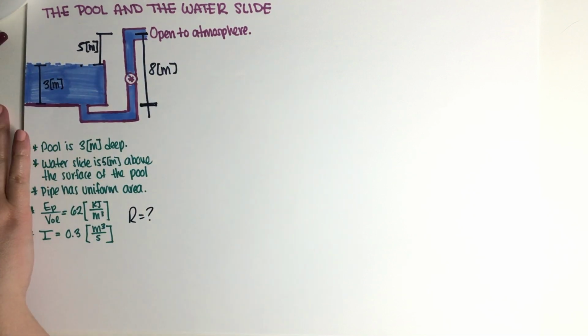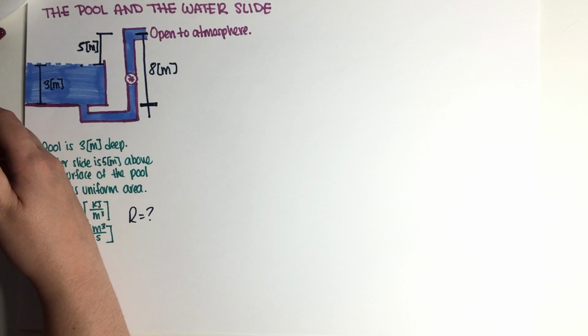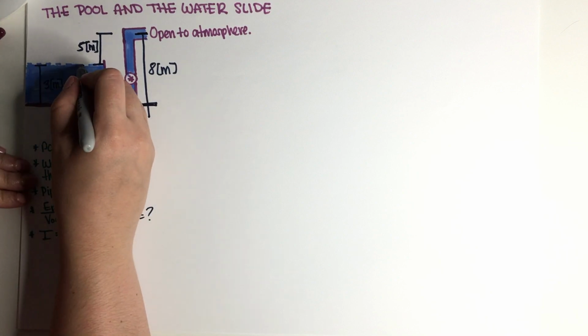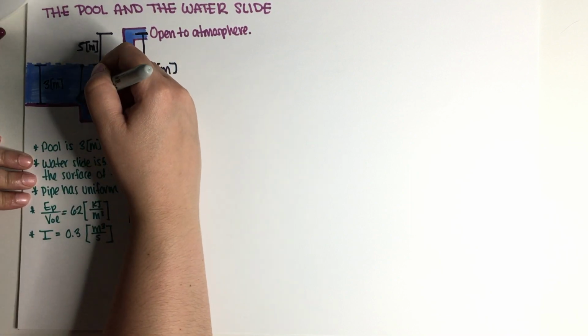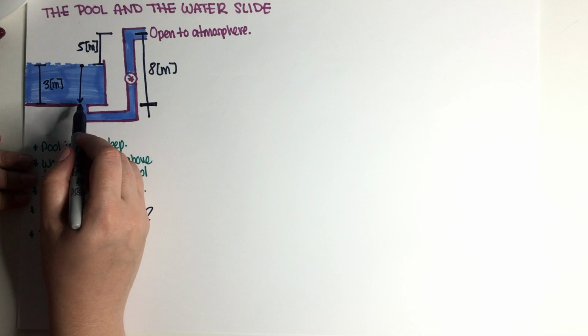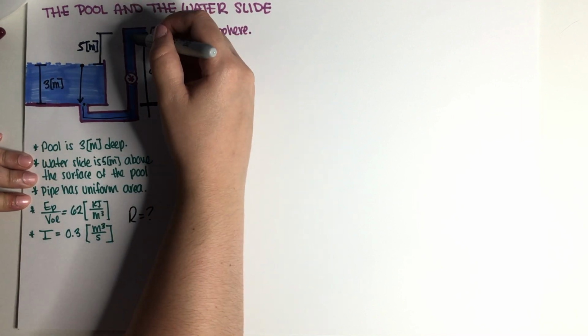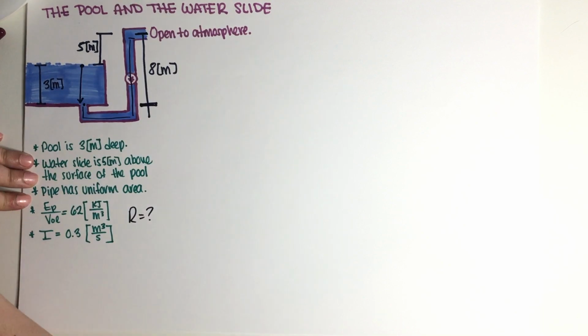But because they are connected to each other, I can start over here, go all the way down here, and then start over here and go upwards like this. If I do this, then at some point I'm going to be able to find the resistance. So let's go ahead and do that.